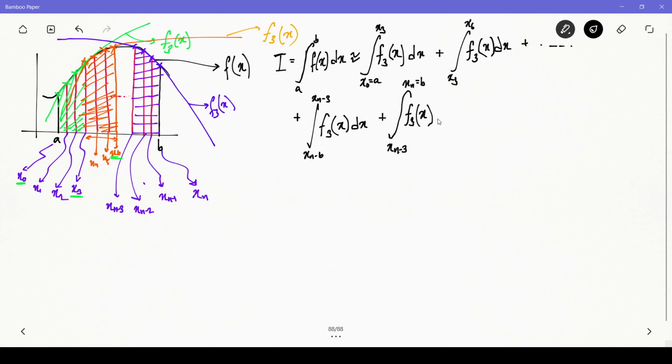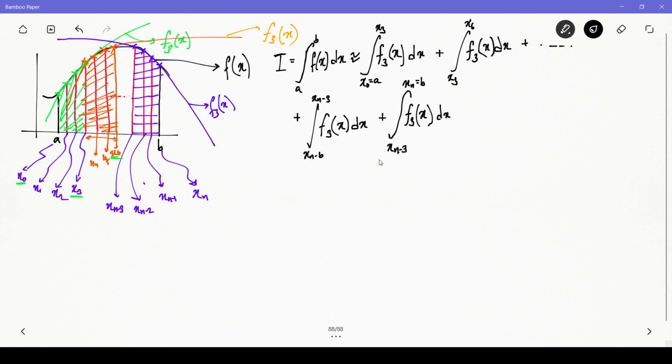So these are the respective data points, the coordinates through which we need to pass this third order polynomial. For these four data points, we end up with a third order polynomial. So we'll find the integration of this third order polynomial with respect to dx from x sub n minus 3 up to x sub n. Fine.